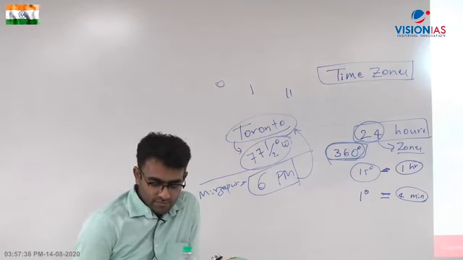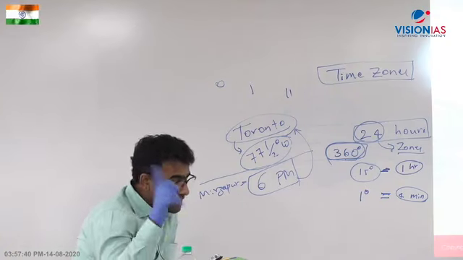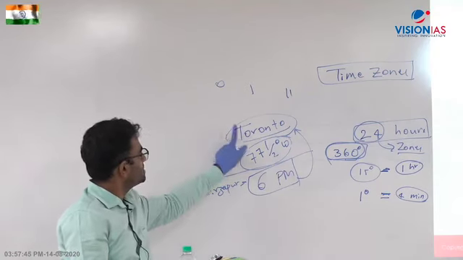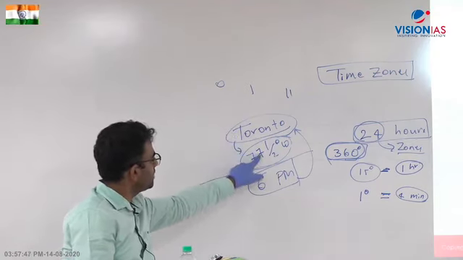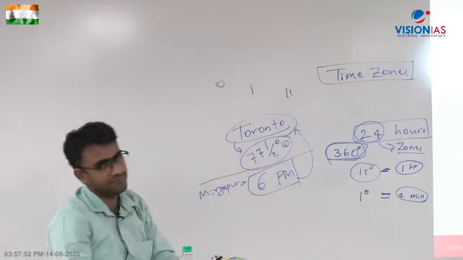Let's see who will give the fastest answer. It is 6 p.m. in Mirzapur. What is the time in Toronto, whose longitude is 77.5 degree west?